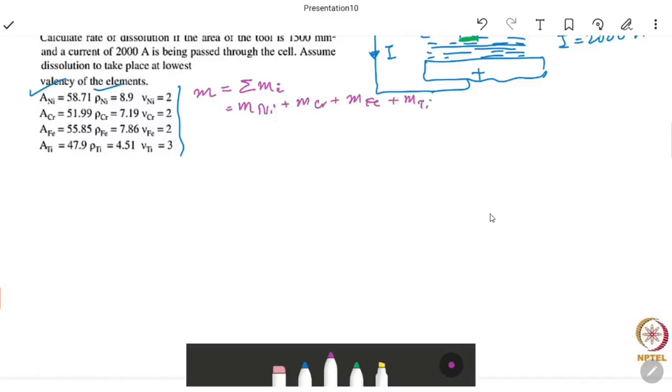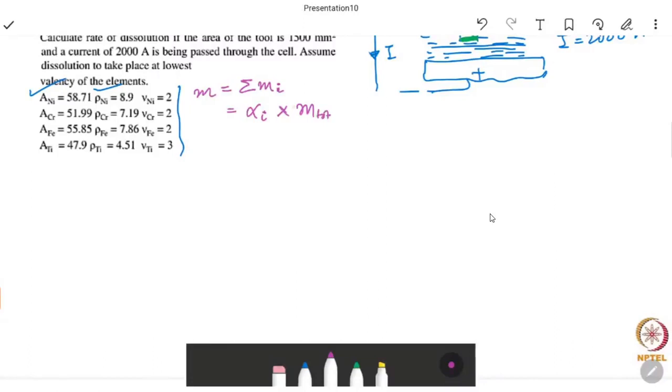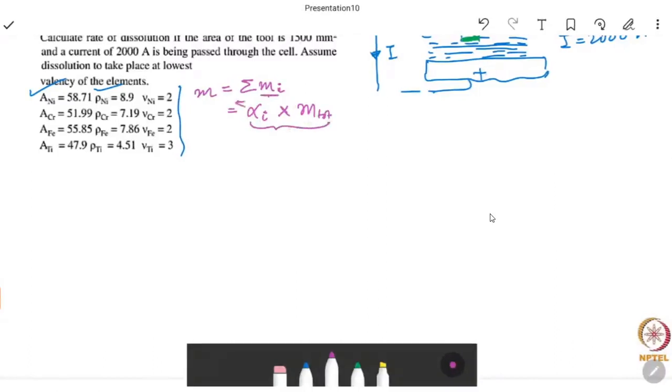So these are all the masses of the individual elements that are taking part in the electrochemical reactions, and they are being converted from atoms to ions through this electrochemical reaction. Okay, so you can write it as a fraction, alpha i into m total. This is nothing but mi. So summation of that will give you m.